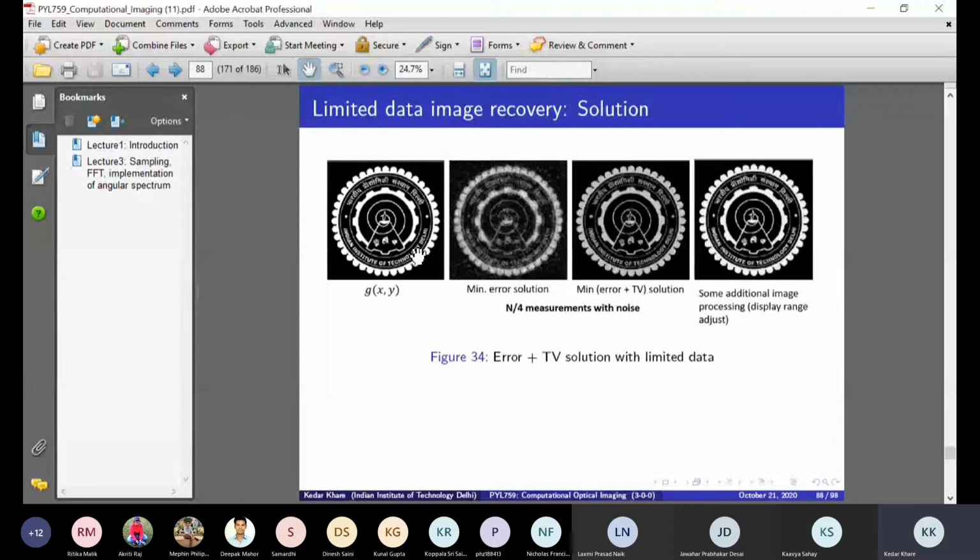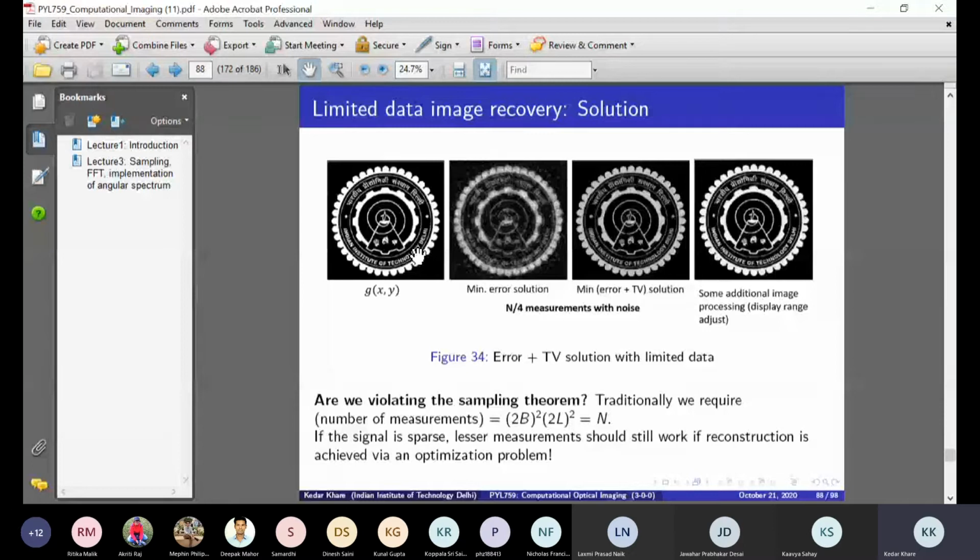So I just adjusted the display range, and you see that the final picture here is essentially identical to the first picture. Okay. Now this actually opens up a really fundamental question: are we somehow violating the sampling theorem? Because you see that the product of degrees of freedom in Fourier space times the product in length space is really like an uncertainty product.